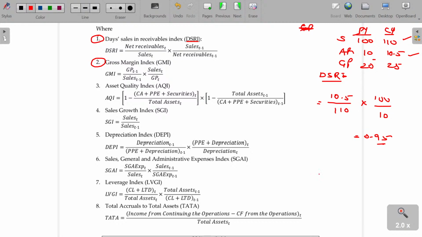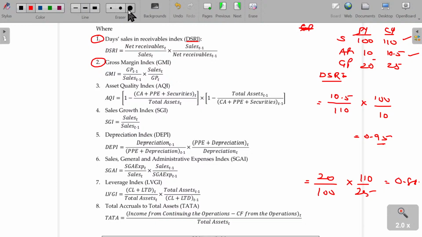GP of the previous year divided by sales of the previous year, against sales of the current year 110 and GP of the current year 25. What's the ultimate value you are getting? 0.88. That's how we can calculate all.